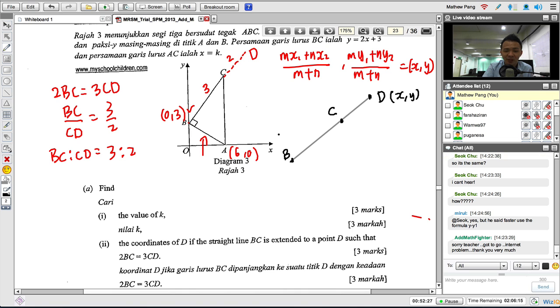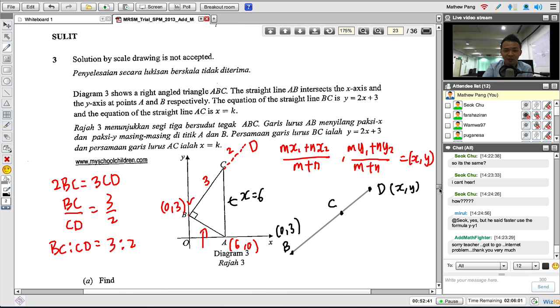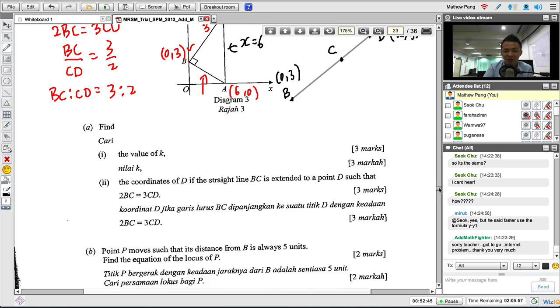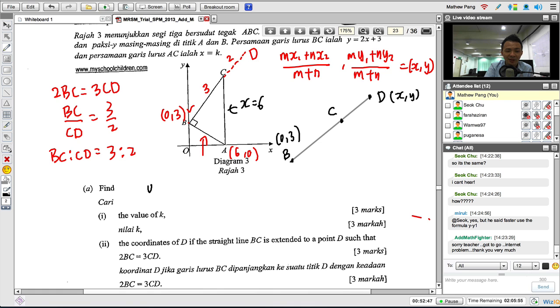Do we have B? Yes, we have B, it is 0, 3. The problem now is we do not have C. But we know about this equation. Just now we found this is x equals 6. So that means we got the equation of this one, right? At the beginning, we can find C using the equation y equals 2x plus 3.